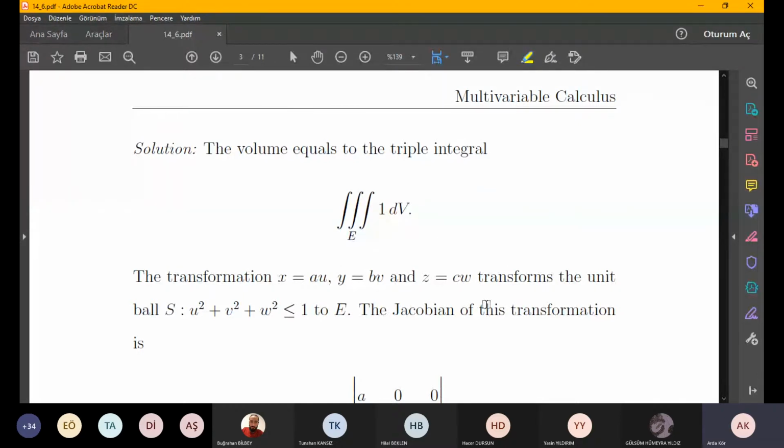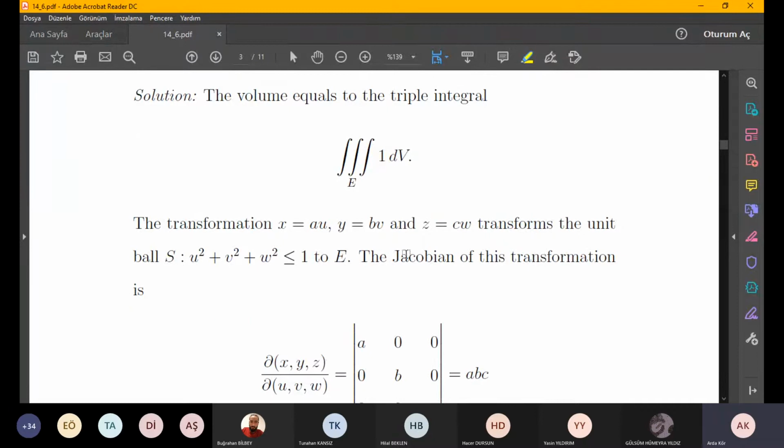The transformation that we will use is like this: we take x as a times u, y as b times v, and z as c times w. That transformation transforms the ball to the ellipsoid.